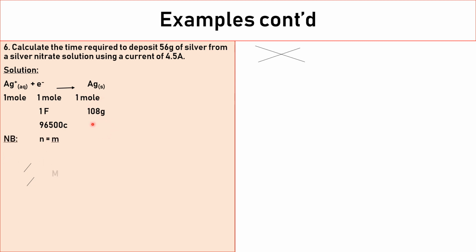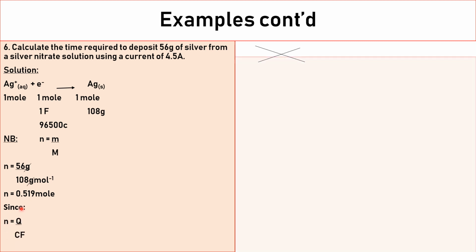So 1 Faraday is equal to 96,500 coulomb. And note this, that the number of mole is equal to mass over molar mass. To get the number of mole, we just divide the mass given in the question by the molar mass of silver that we got from the equation, and that will give us the number of mole to be 0.519 mole.